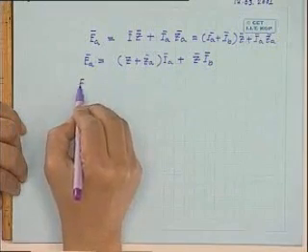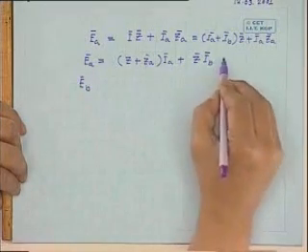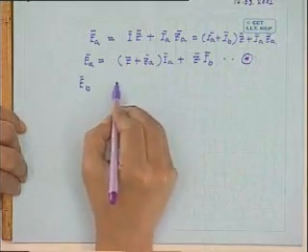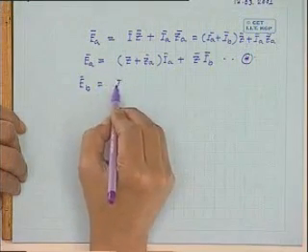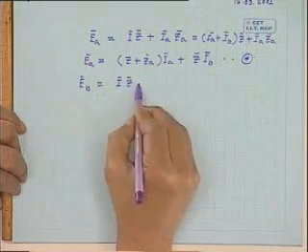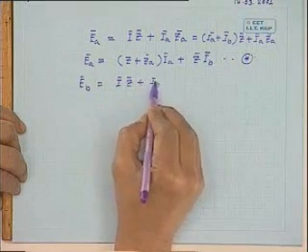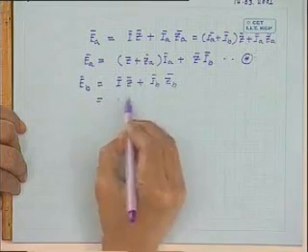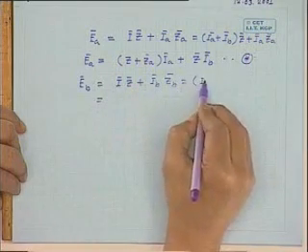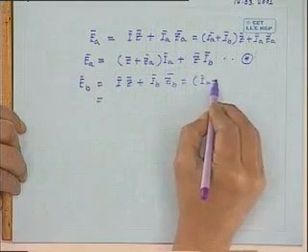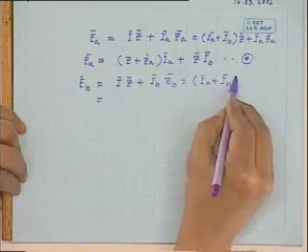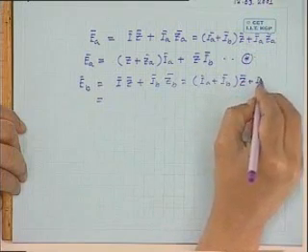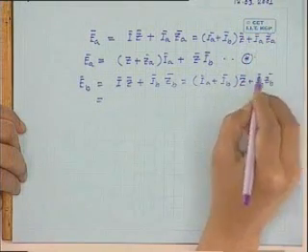Similarly, EB bar. So this is one equation. EB bar will be similarly equal to I bar Z bar plus IB bar ZB bar, where you can once again write for I bar as IA bar plus IB bar, into Z bar, plus IB bar into ZB bar.